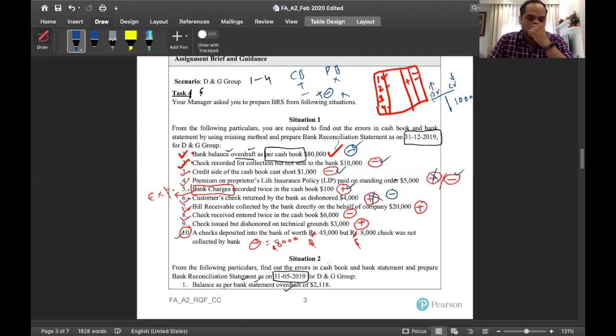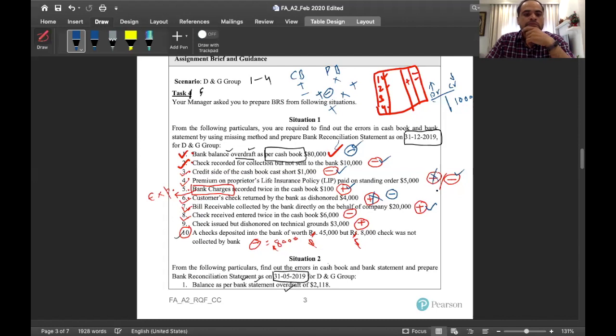Number 7, bills receivable collected by the bank directly on behalf of the company. So the bank is receiving money from the customer, which means money comes directly into my bank account. So I will also plus in my cash accounts. So that means 20,000 plus.